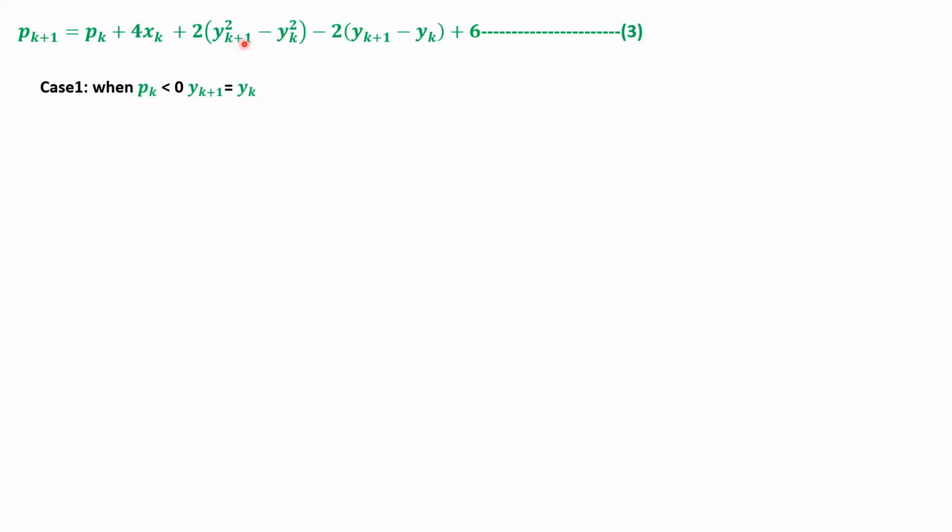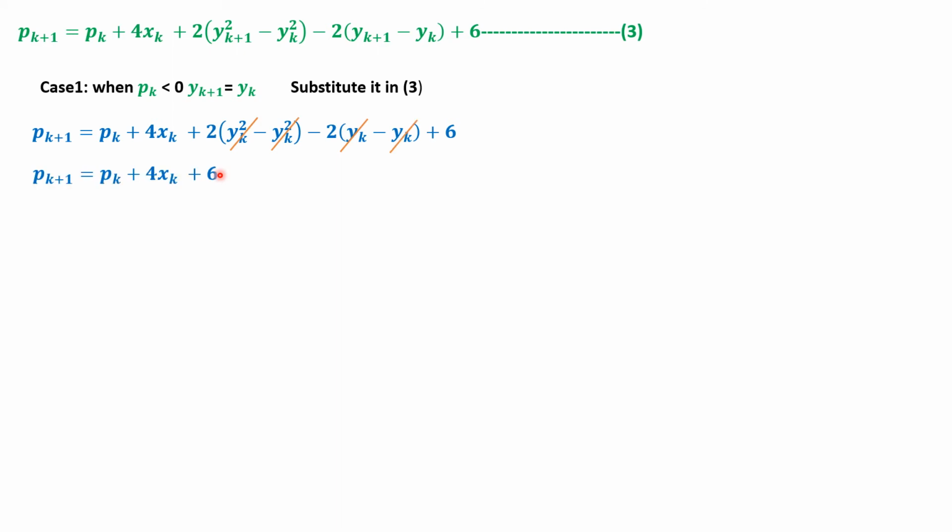Substitute this in the given equation, substitute it in 3. We substitute the next value of y as yk, and this gets cancelled out. And the leftover equation is this. This is used in the algorithm for all the values of decision parameter which are less than 0.